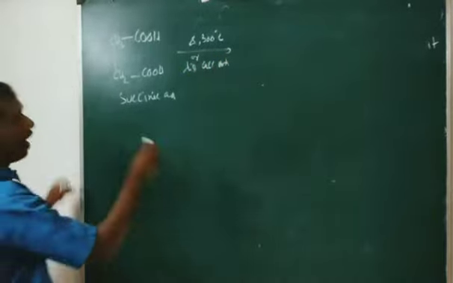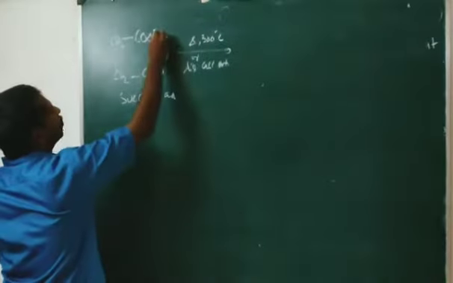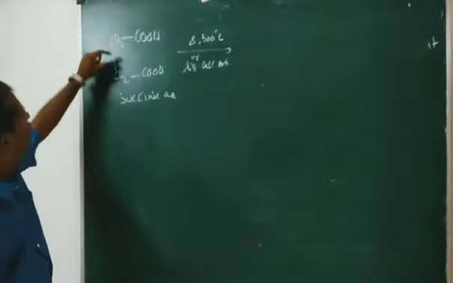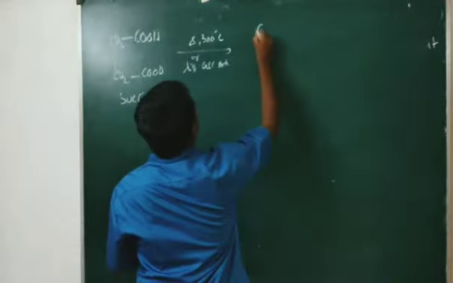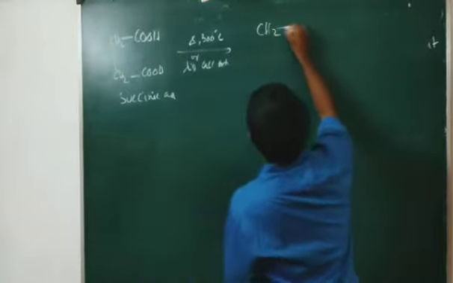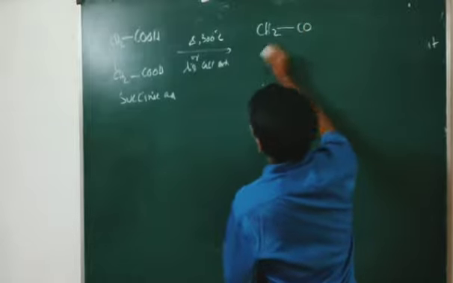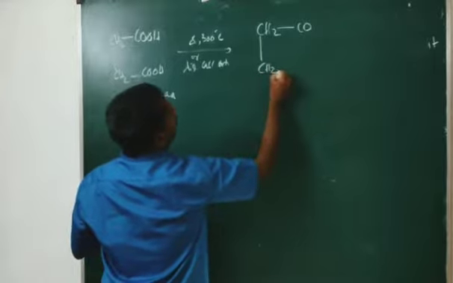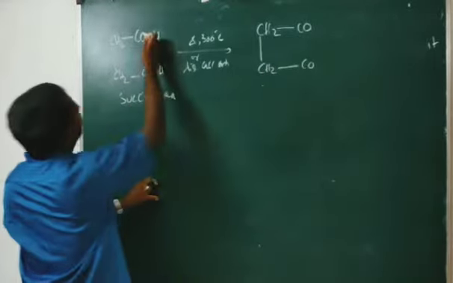What will happen? It undergoes dehydration. That means water molecule H2O will be eliminated. So what do we get? We get CH2, CO, and of course O is there, and here it is CH2, and here it is CO.